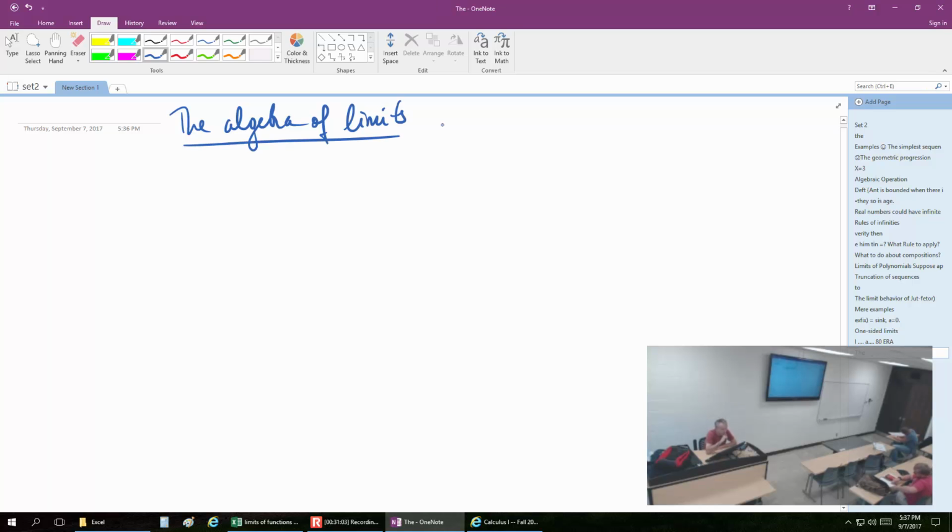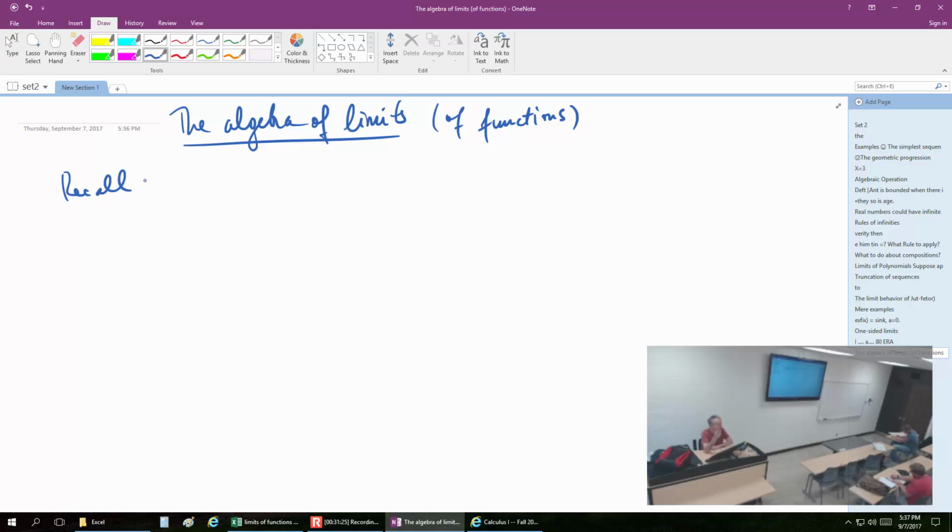The algebra of limits, since limits of functions, okay? Just recall the short list of limits of sequences, and then everything matches.